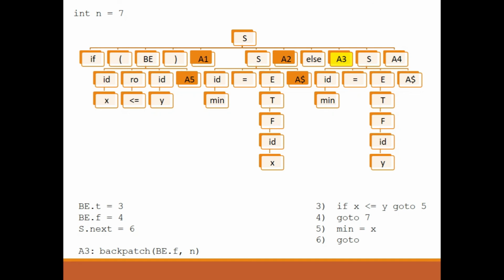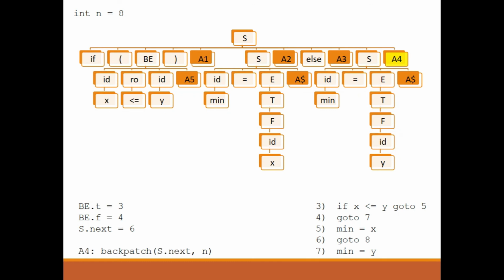Here we have not incremented any global variable since there is no emit statement that has been done here. So the next action is the dollar sign action, which is simply an assignment operation. The min equals y will be emitted, and the global variable n will be incremented to 8.